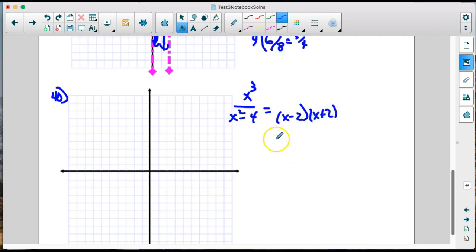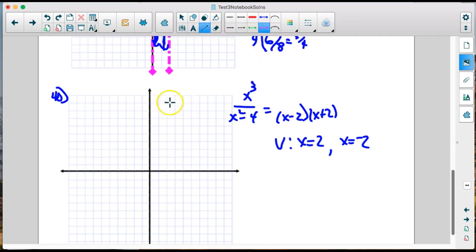So that means my vertical asymptotes are x equals 2 and x equals -2. That's when these are 0. Okay, so we have two vertical asymptotes, +2 and -2.